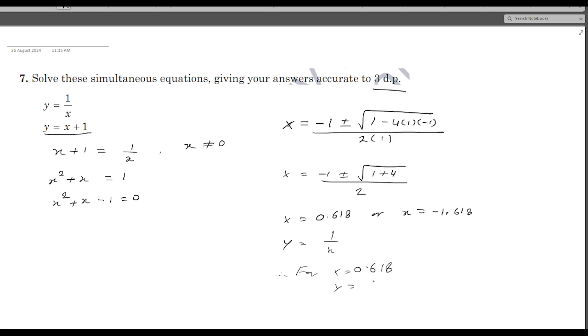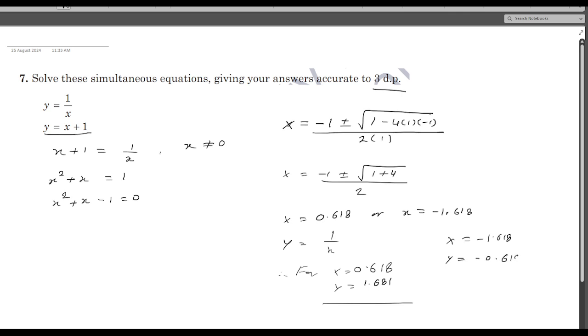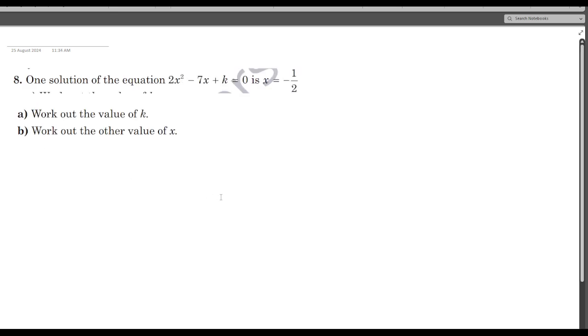The answer is 1.618. So if your x is minus 1.618, your y value will become minus 0.618. So this is your result for question number 7.